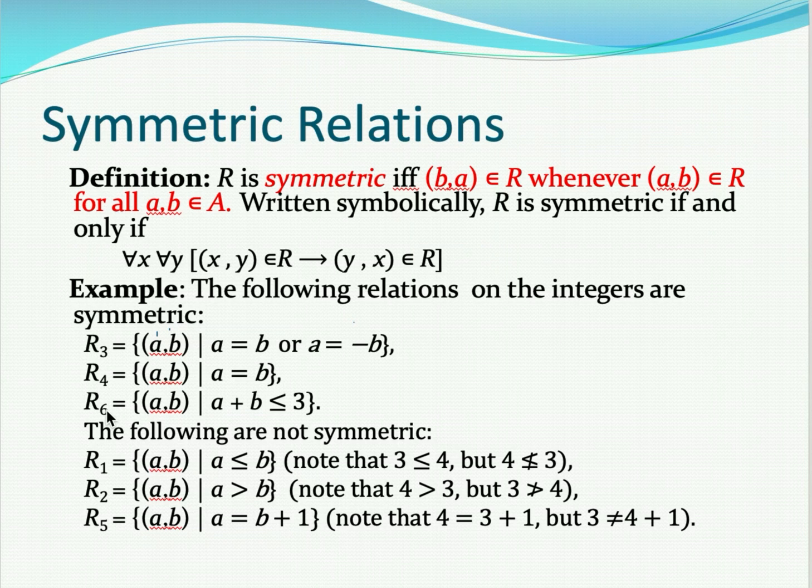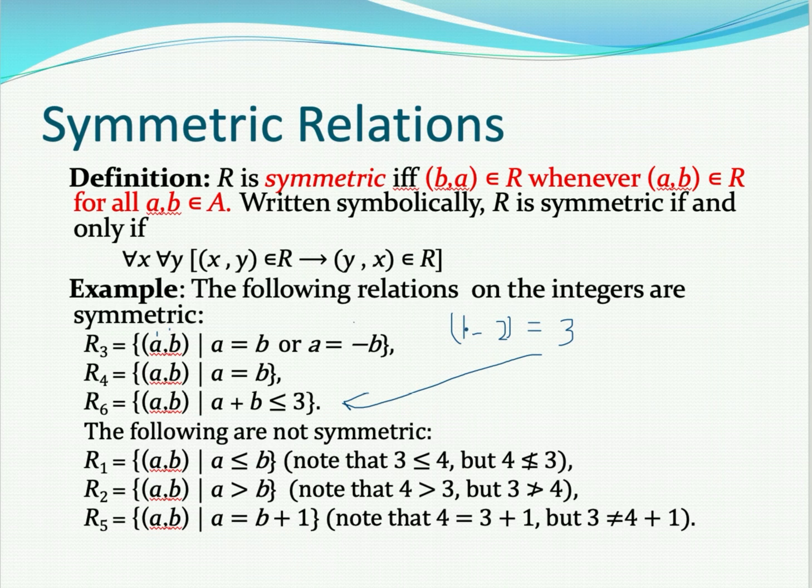So for R6, let's say a is equal to 1 and b is equal to 2. If we total up these two, we get 3, so this fulfills the criteria.